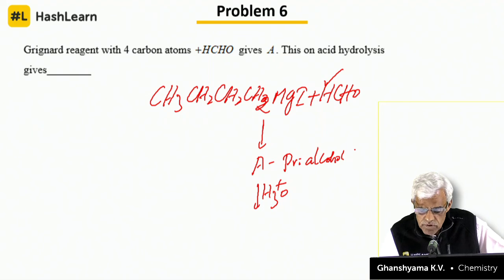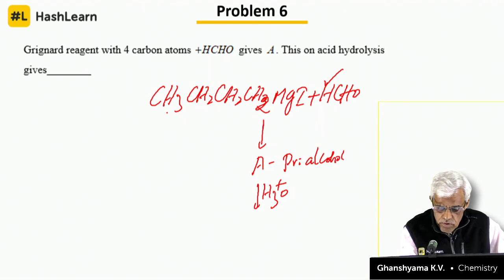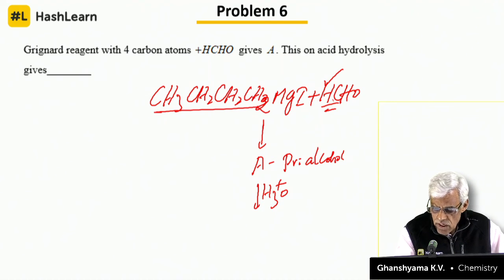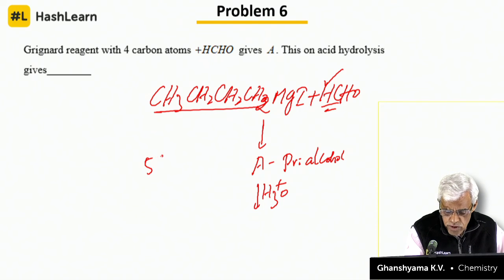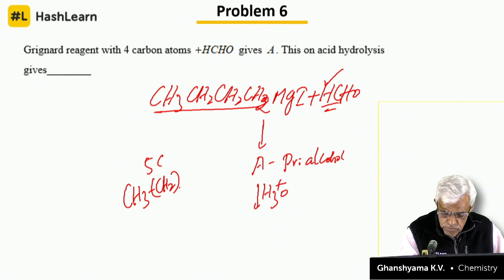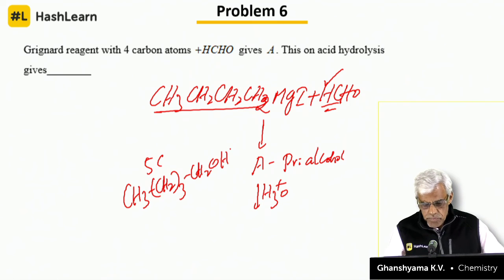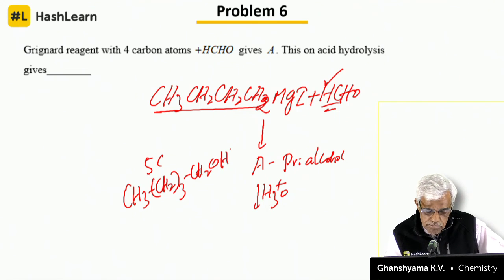How many carbon atoms will be there in that? 4 carbon atoms here, 1 carbon atom here, therefore it should be 5 carbon, therefore it must be CH3 CH2 three times CH2OH. 4 plus 1, 5 carbon atom primary alcohol.